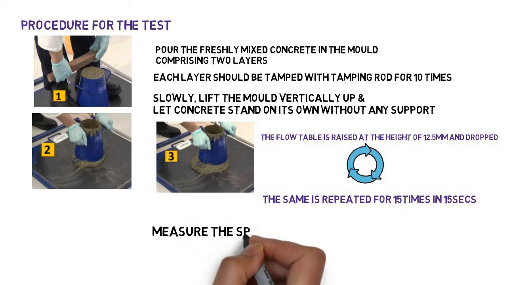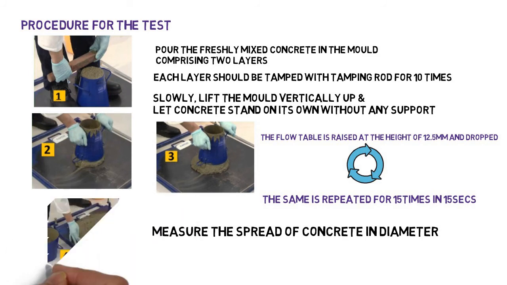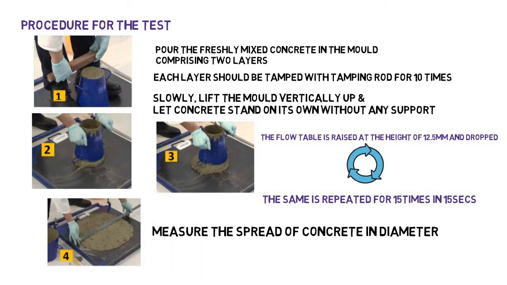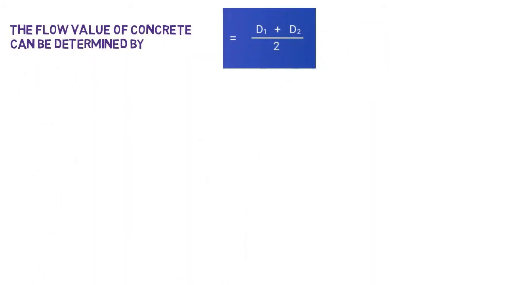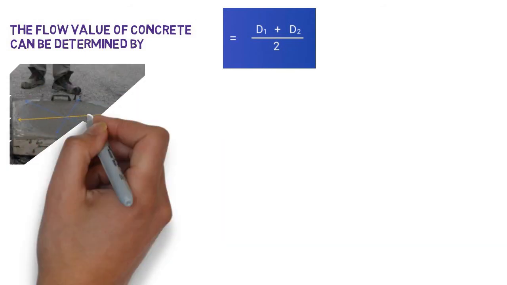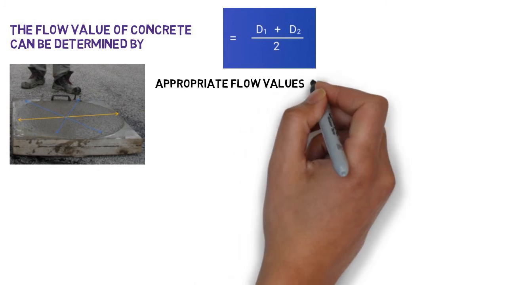Measure the spread concrete diameter, and then the flow value of concrete is taken as the average of all these diameters. Appropriate flow value for concrete is about 400 to 650 mm.